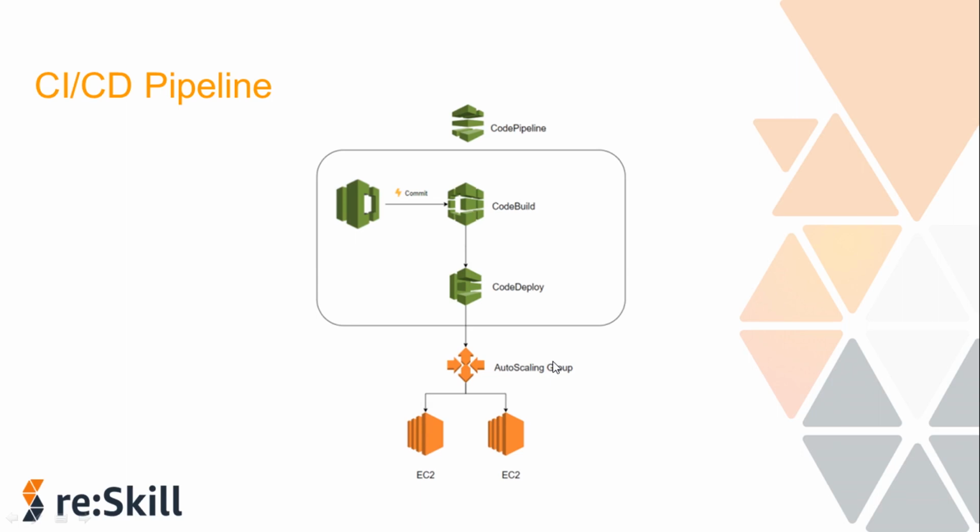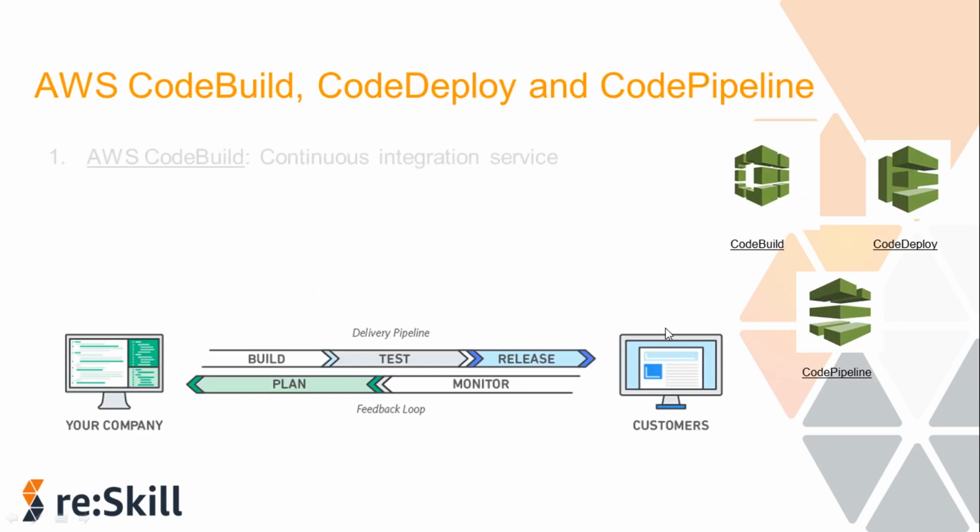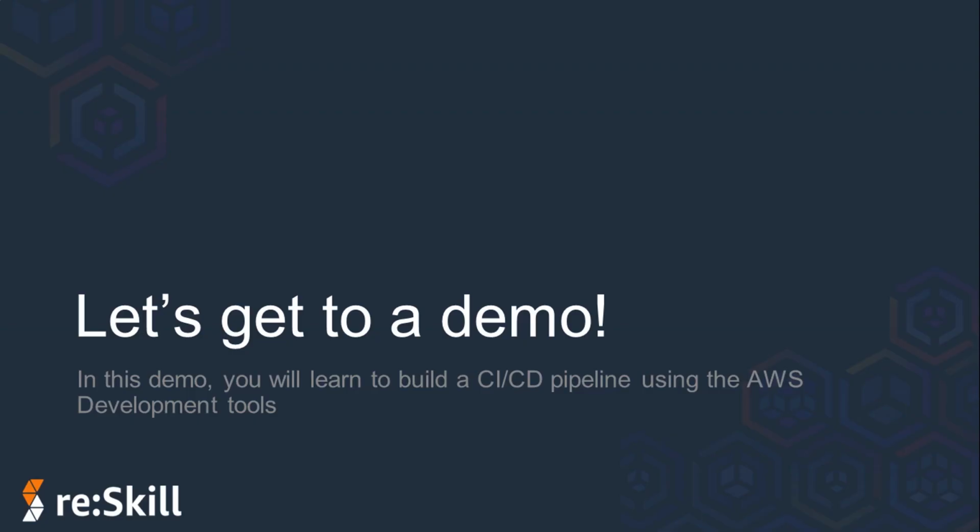So I will just be seeing the changes live in the production environment. I will not be building the CodeBuild stage for now. I'll be using CodePipeline, CodeCommit, CodeDeploy, and the EC2 instances to keep it simple, just to give you an idea of how you can build a CI/CD pipeline. So let's go to the AWS console.